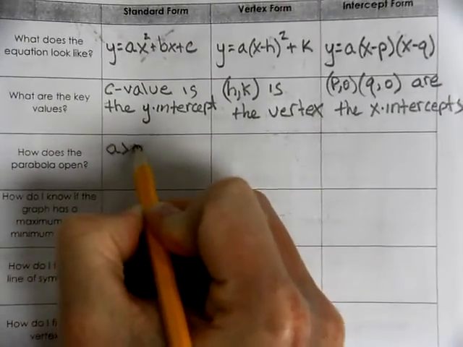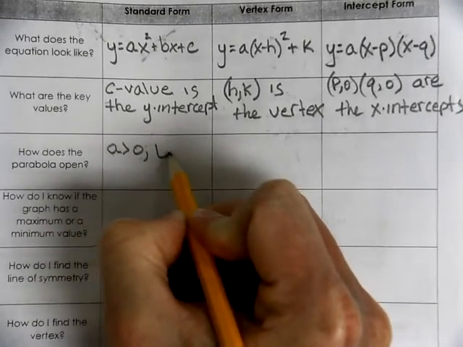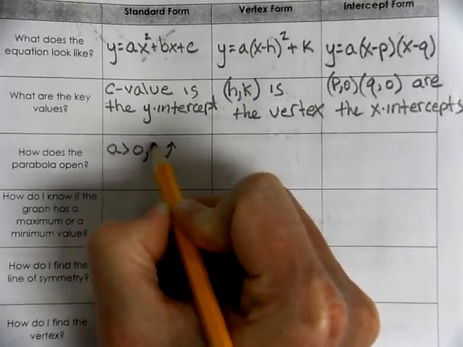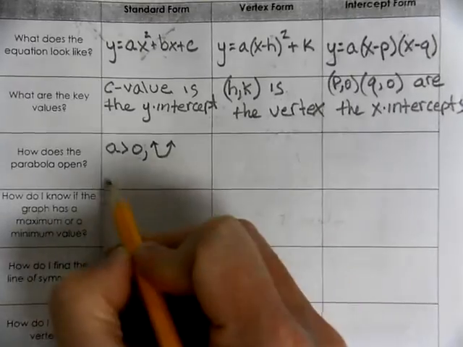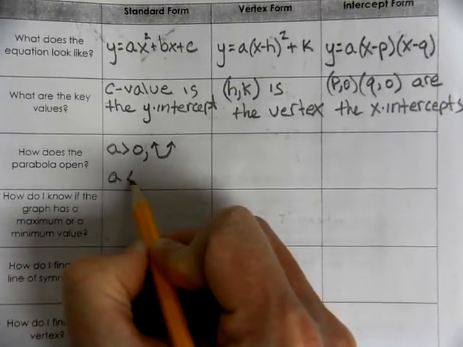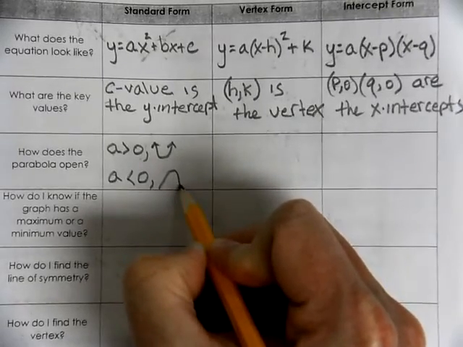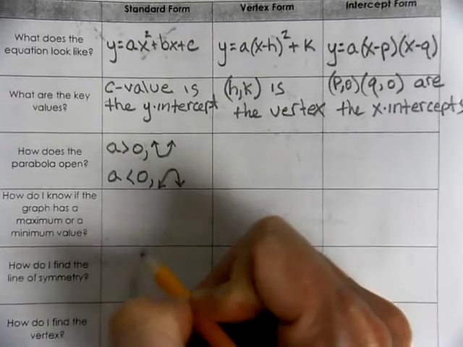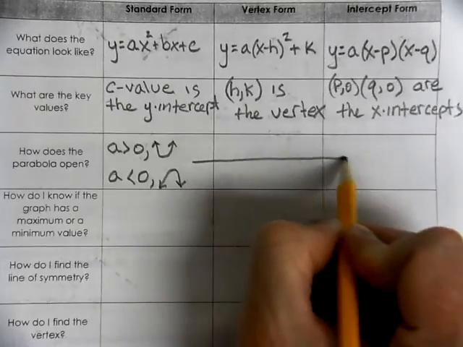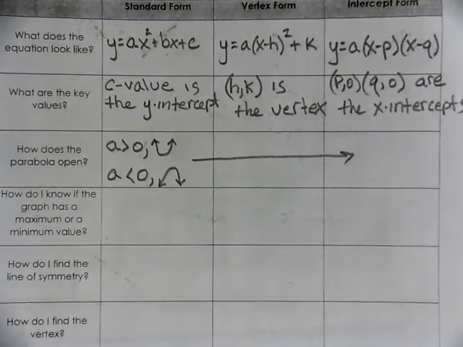If a is greater than 0, then the parabola is going to open upwards. If a is less than 0, if it's negative, it's going to open downwards. And that's the same thing all the way across.